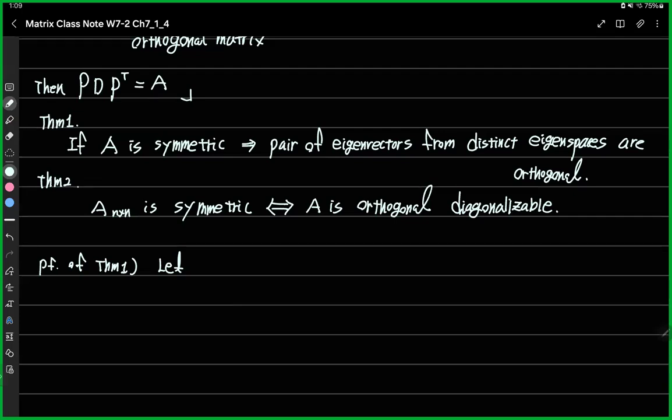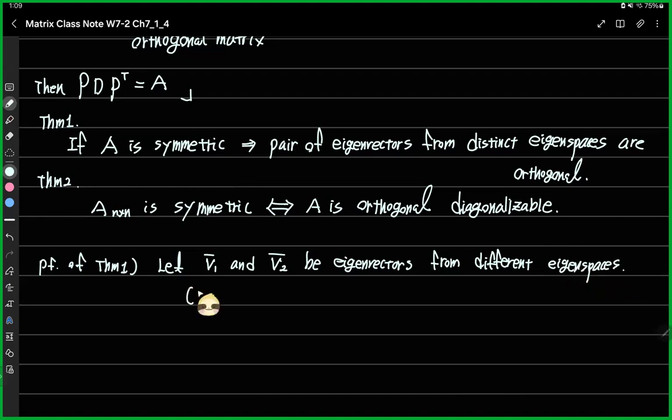That's simple. So let's say V1 and V2 are eigenvectors from different eigenspaces. Definitely, we assume A is symmetric. I didn't mention that, but we assume A is symmetric.